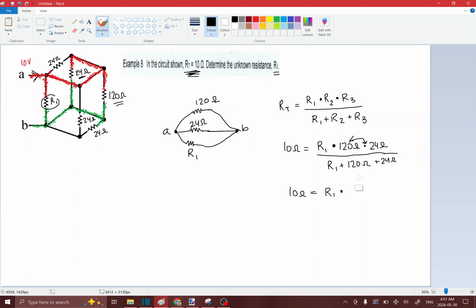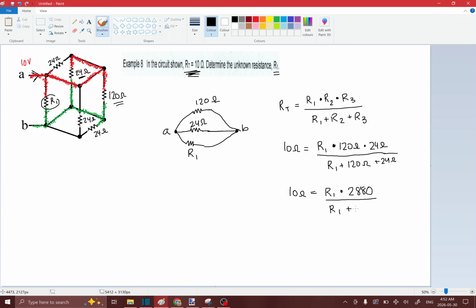I don't know what that is off the top of my head. I'll probably have to grab my calculator. So 120 times 24, that's 2,880. And at the bottom, we're going to have R1 plus 120 plus 24.